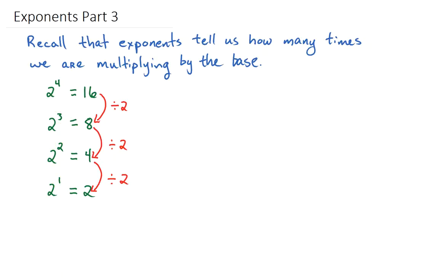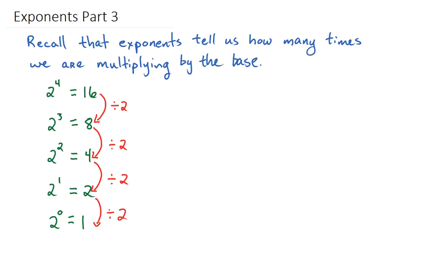Well, continuing this pattern on, it allows us to see what 2 to the 0 would look like. If I just continue the pattern and I divide by 2 another step, well, 2 divided by 2 is 1. So we're able to see that 2 to the 0 actually equals 1.